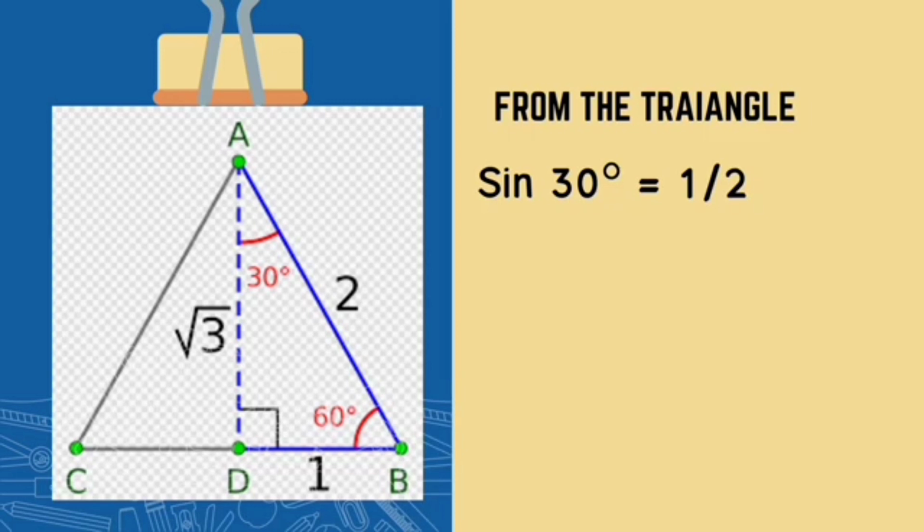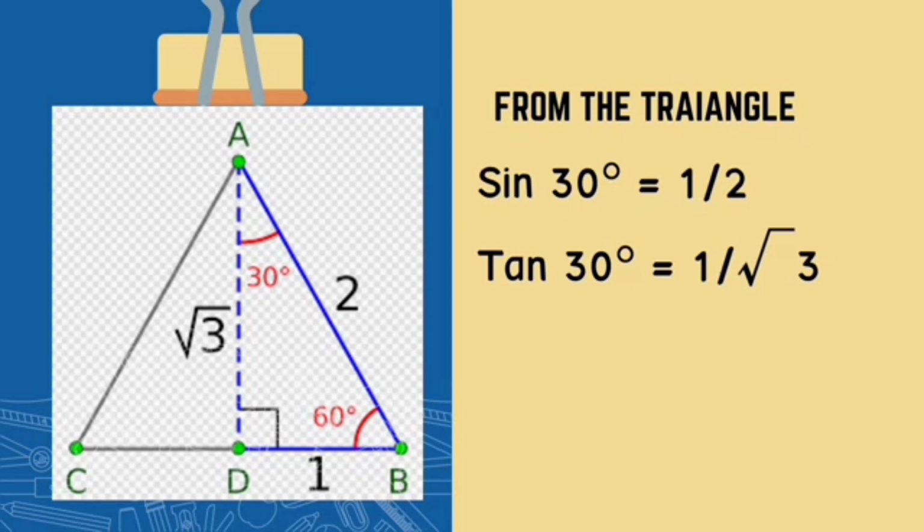Now, using this right-angled triangle to tell the trigonometric ratios of 30 degrees, sine 30 degrees becomes 1/2, representing the opposite side divided by the hypotenuse. Tan 30 degrees becomes 1/√3, representing the opposite side divided by the adjacent side.